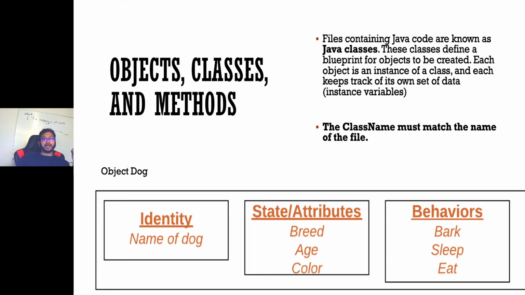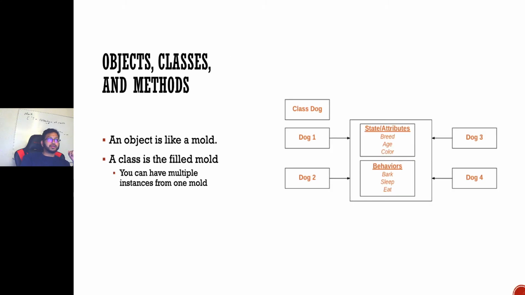So how would this look programmatically? Well, an object is like a mold, and a class fills the mold. So in this case, we initialize a dog1, which would be something along the lines of dog1 is equal to new Dog, and then it would have its own associated breed, age, and color, and it would access the functions or the behaviors bark, sleep, and eat.